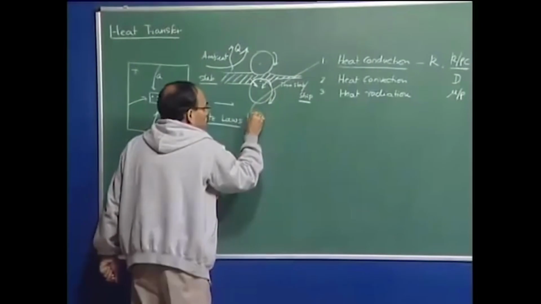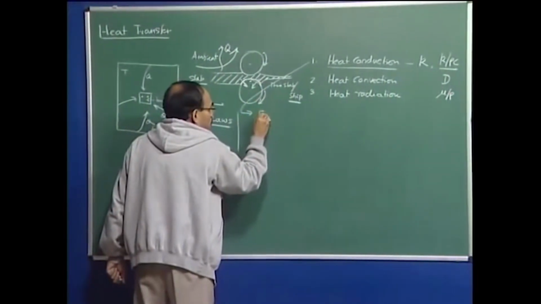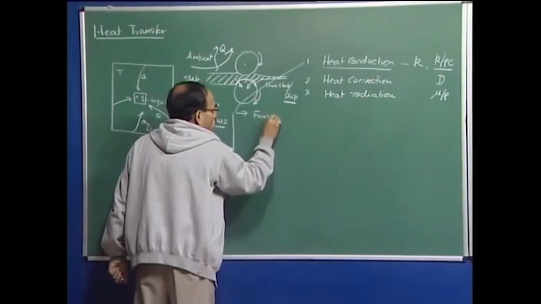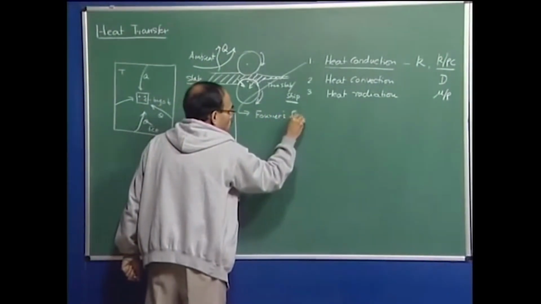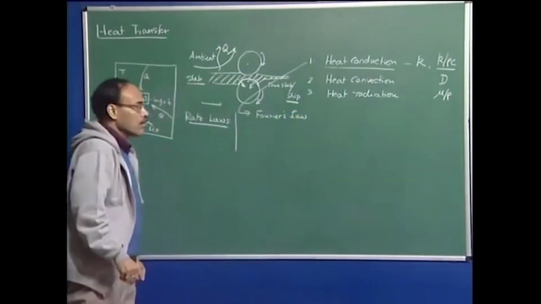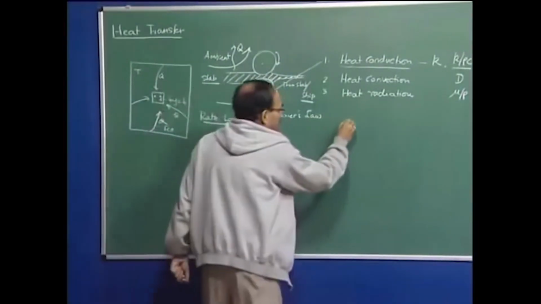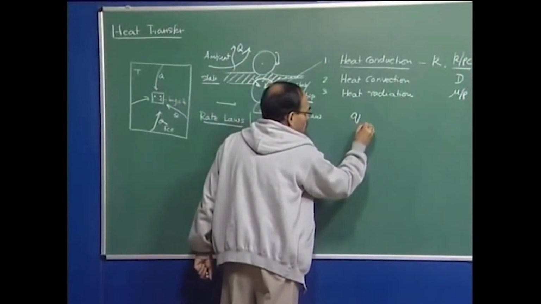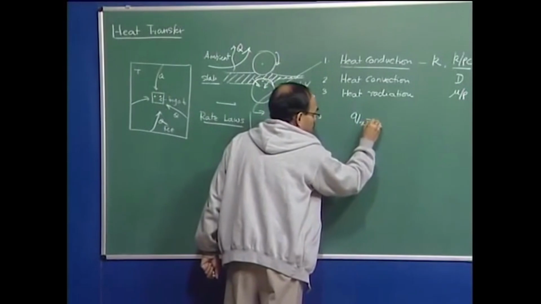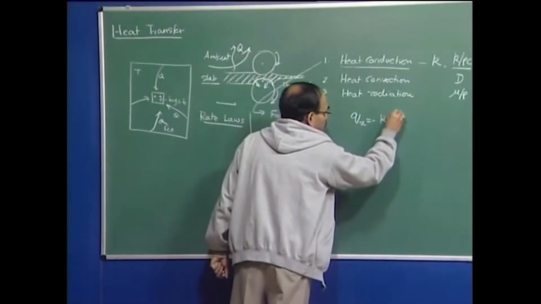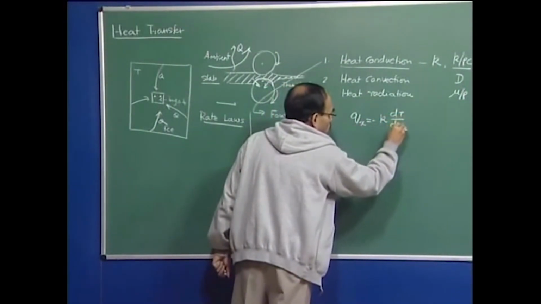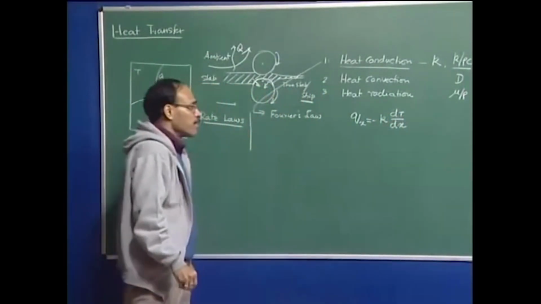I am not going to write it again. So it is Fourier's law. As we all know, Fourier's law is nothing but the heat flux Q along the x direction is equal to minus K times the temperature gradient.